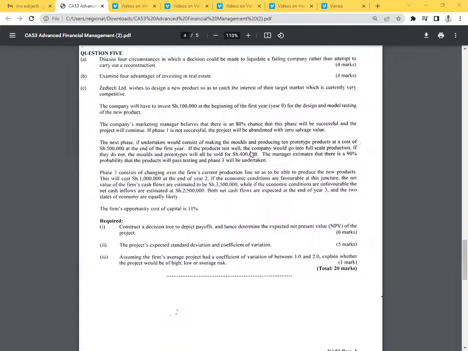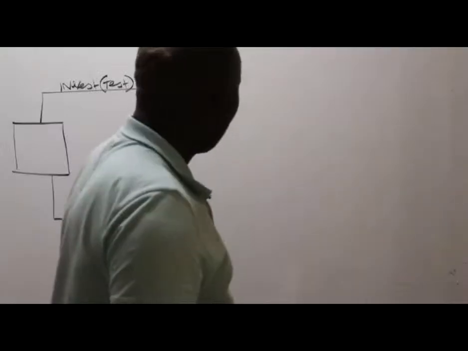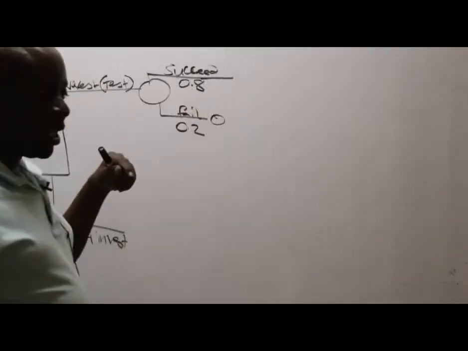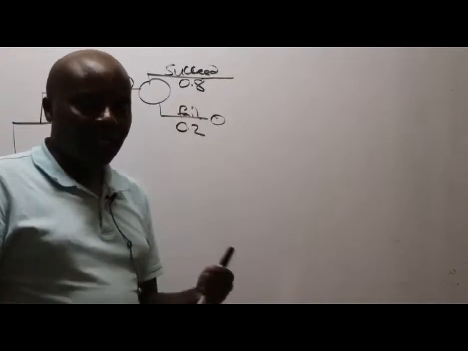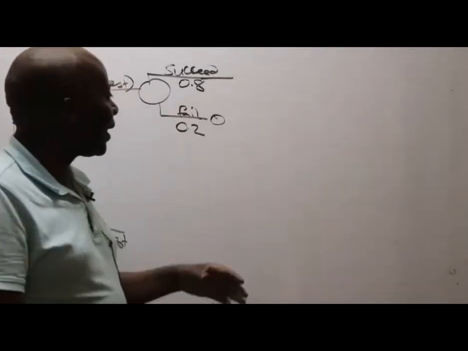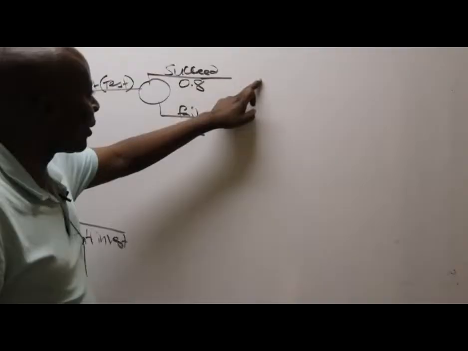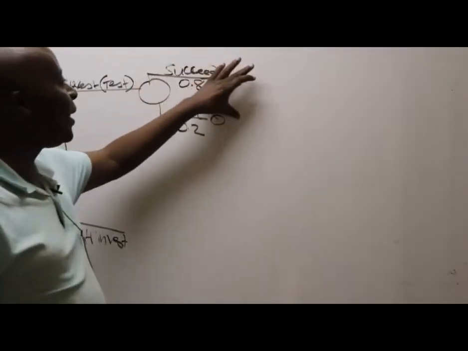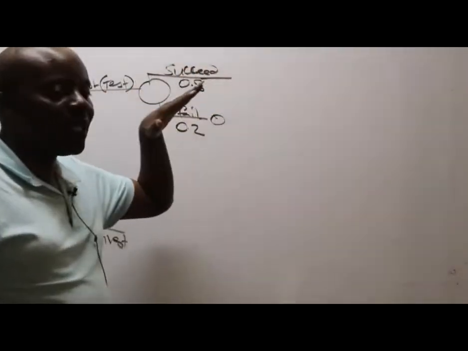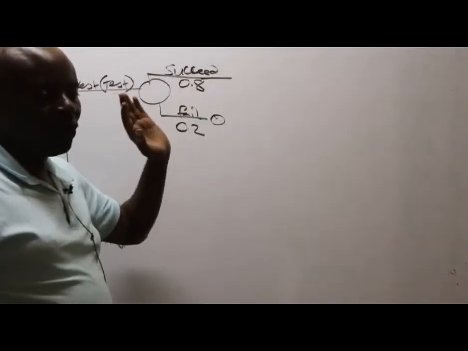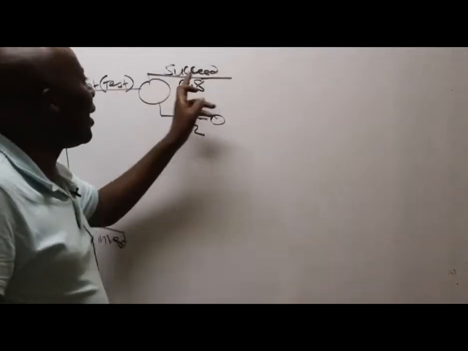If the products test well, the company would go into full-scale production. So if we succeed in this, then straight away we shall make the molds. I should not make a decision here like a box, because if I succeed, I've already decided to make the molds. So it's like succeed and make molds.